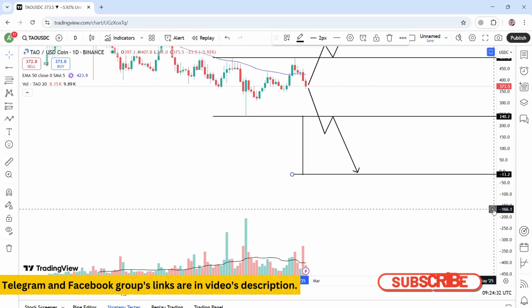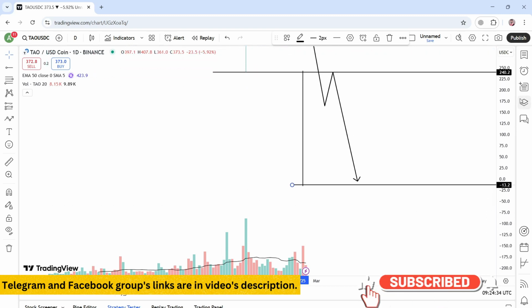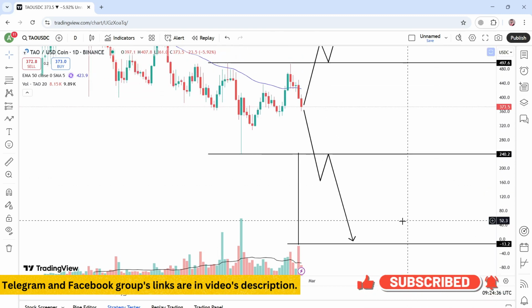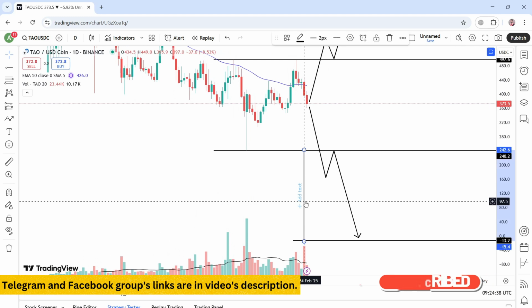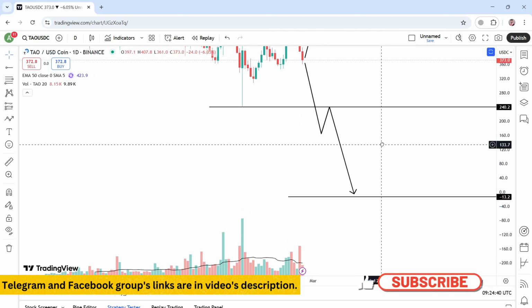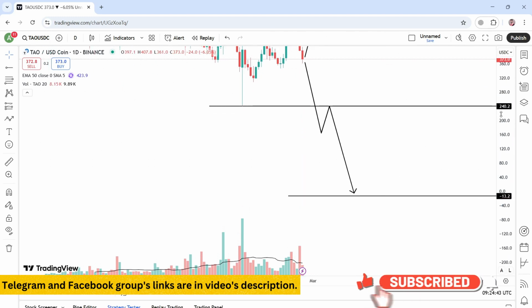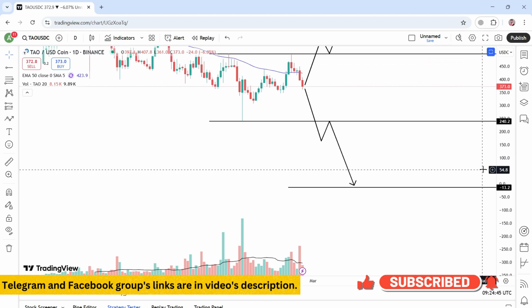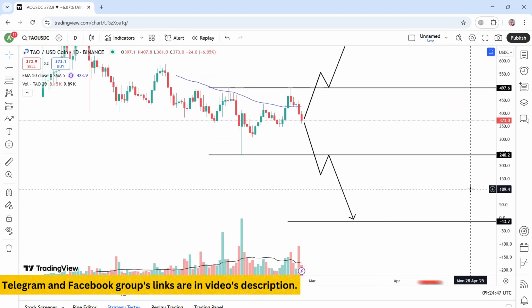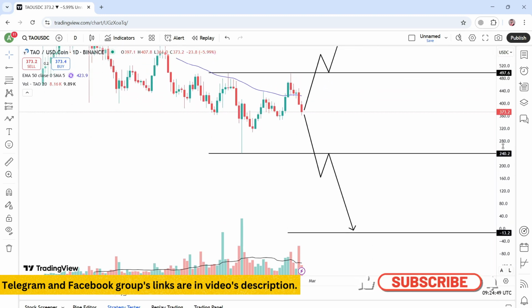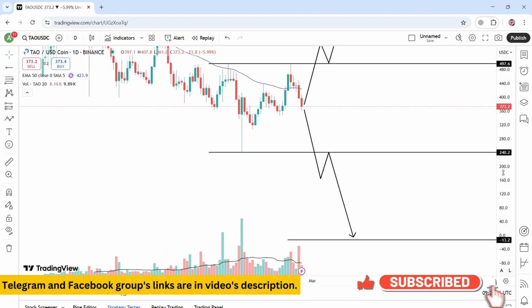Sorry, I cannot predict its final target below 240 at this moment, but we need to make sure that we sell this coin if it gives closing below the 240 level. I have discussed these coins on 1 day time frame.